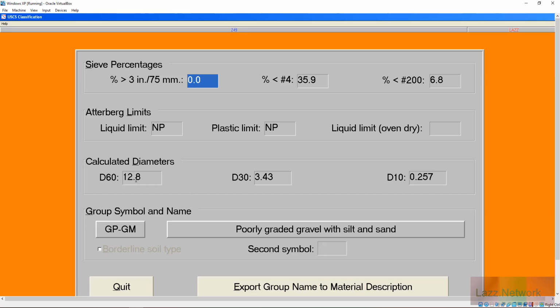But I'm guessing it's probably because of these values, which, let me double check that real quick. Yeah, 12.8 for the D60. Let's see, the D30, 3.43. Yeah, that's right.